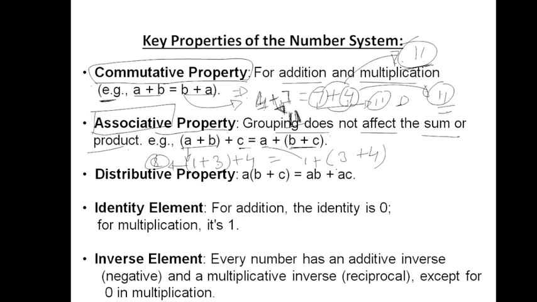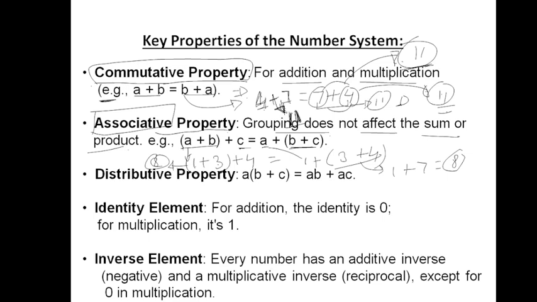Same here, 3 plus 4 is 7, and finally we get 8. The answer is the same on both sides. So it doesn't matter if you change the grouping of any numbers when you perform the addition operation, it doesn't affect the final answer of the problem.